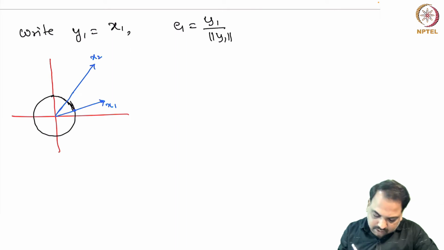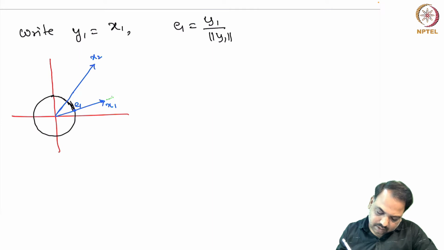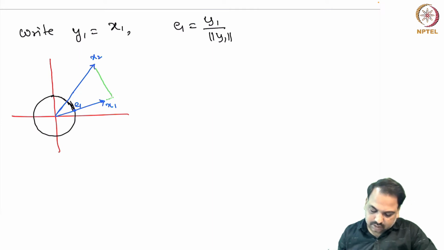Now normalize this vector x1, that is x1 by norm x1 is the vector e1 here. Now you can extend this vector lambda e1 so that x2 minus lambda e1 is orthogonal to e1.